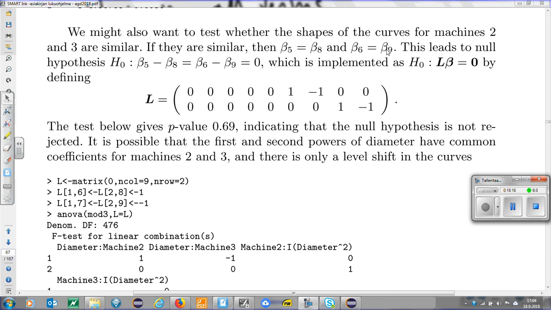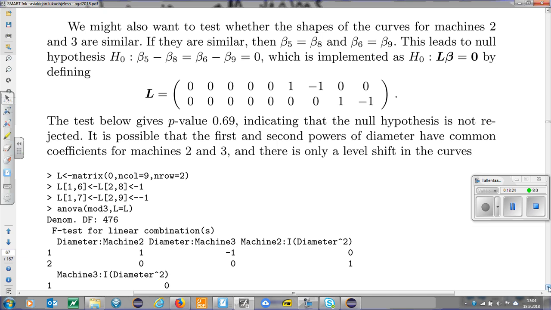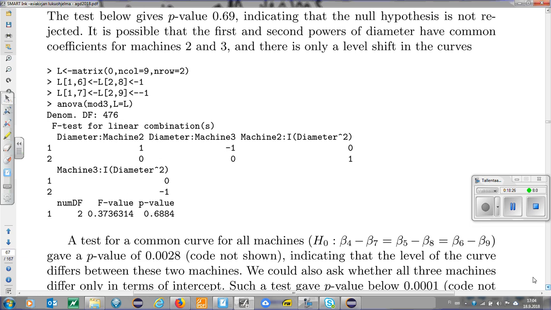And this is implemented by specifying this L matrix here, and then by doing the hypothesis test here. And the p-value here is high, so it seems that the shape of the curve could be similar for machines 2 and 3, and there might be only a level shift in the curves.